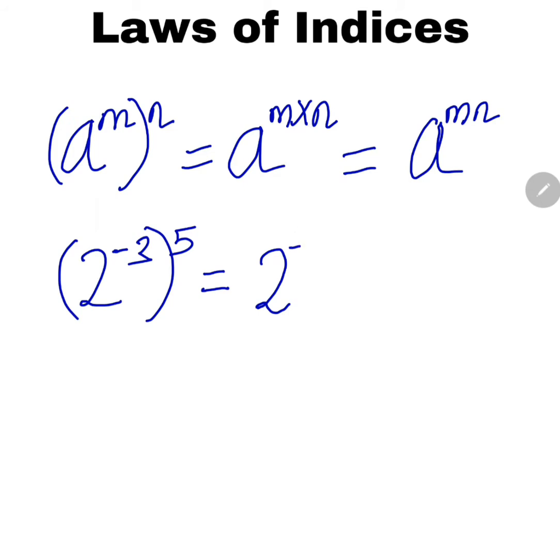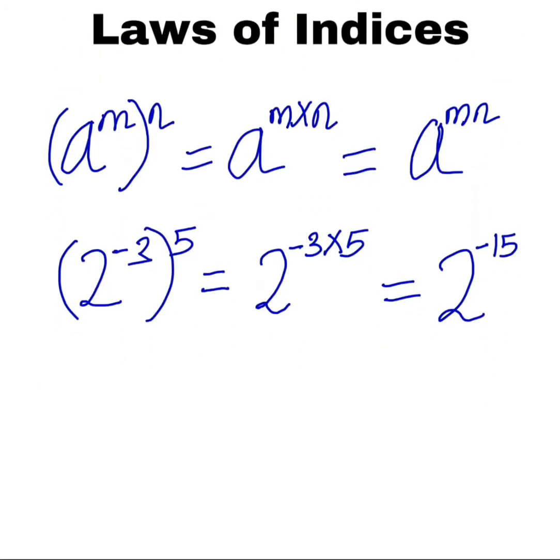So it will be -3 multiplied by 5. Then this will be 2 raised to the power, what is -3 multiplied by 5? Minus or -15.